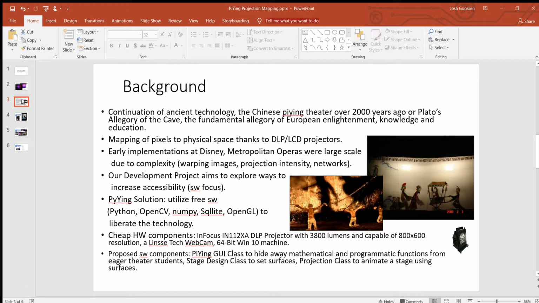Years ago, in China, they'd use firelight to cast shadows using leather. You can see that on the right side, and that's called PiYing, where we get the name of our project, in addition to being related to Python.